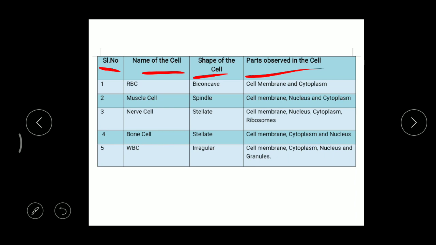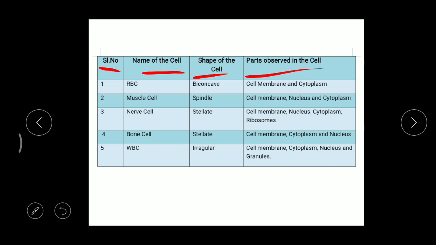So what is the first one? That is RBC, and we already studied its shape. That is biconcave, and you can find only two parts: around it the cell membrane, and inside a fluid, the cytoplasm.